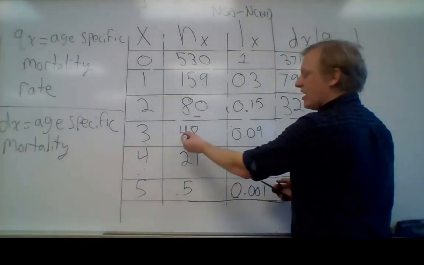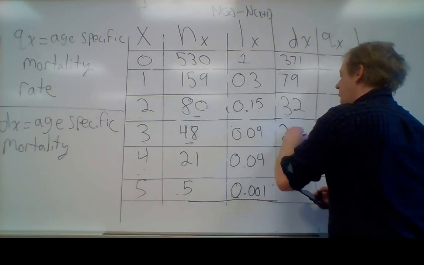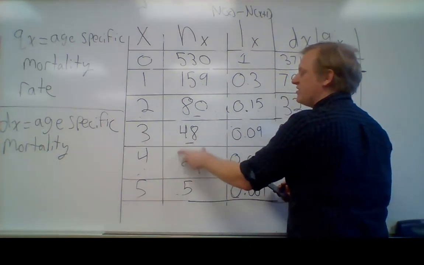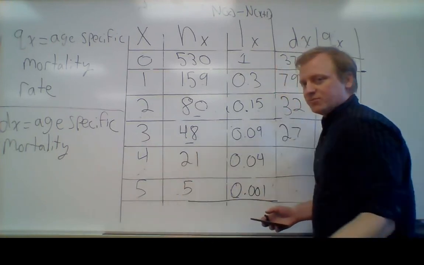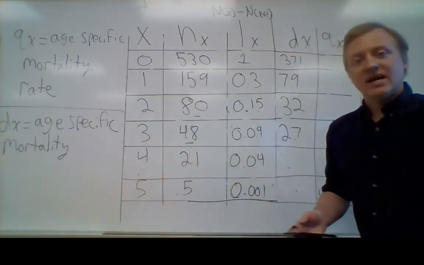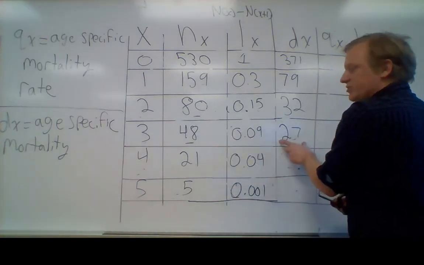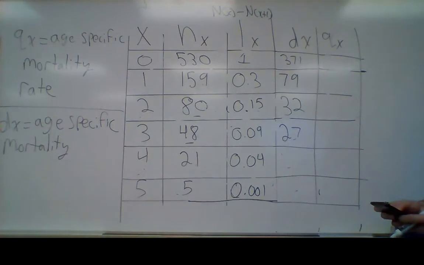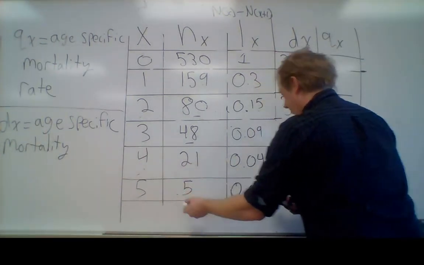Next, we're going to take 48 and subtract 21, which gives us 27. That tells us that 27 individuals died between generation 3 and generation 4, or between time period 3 and time period 4. Okay, that's how we get from 48 to 21 as we subtract 27. So let's see how many died between generation 4 and generation 5.